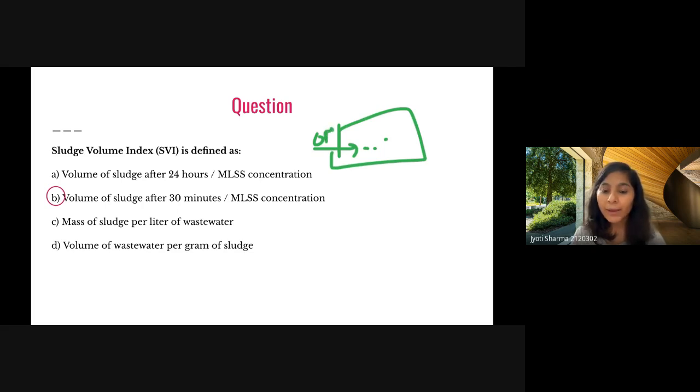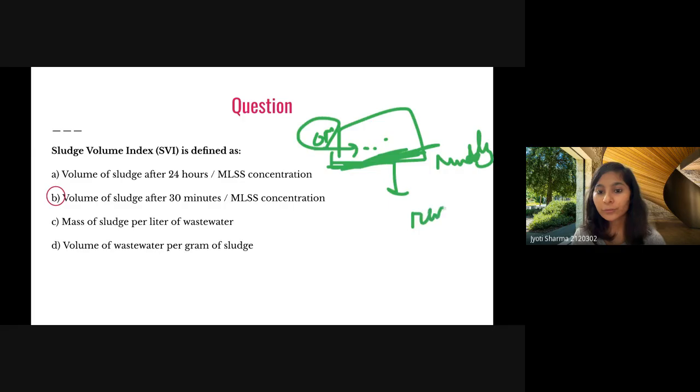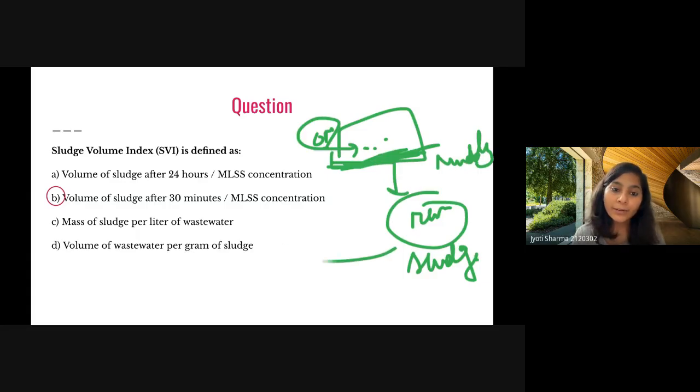Some of your microorganisms and some of your organic matter will settle down, so that will create some muddy-like condition, and that we have to remove. That is sludge. Okay, and because that also has microorganisms, we can recycle this sludge and put it again into the aeration tank.